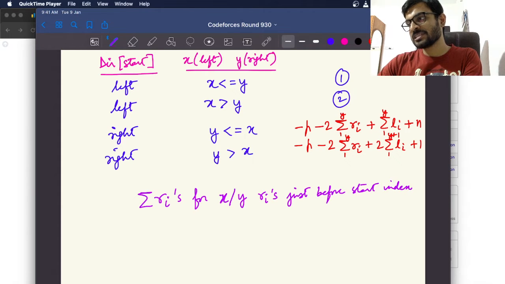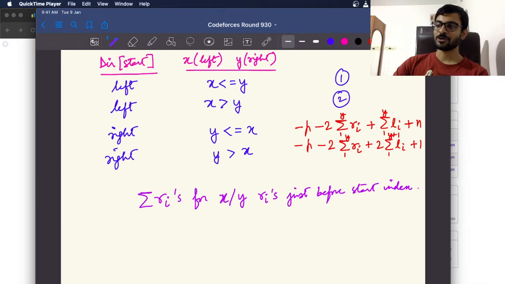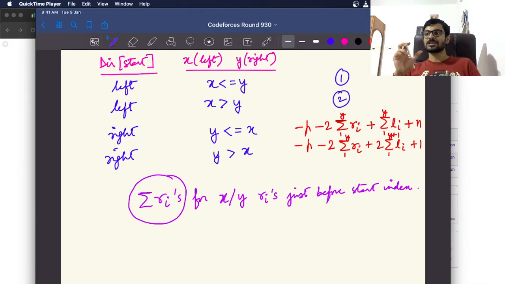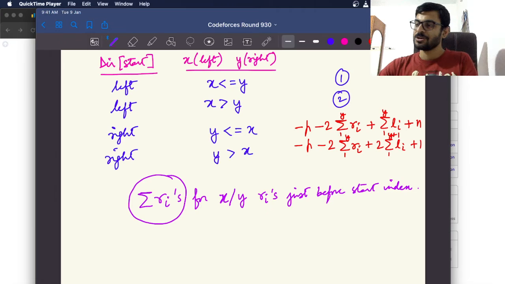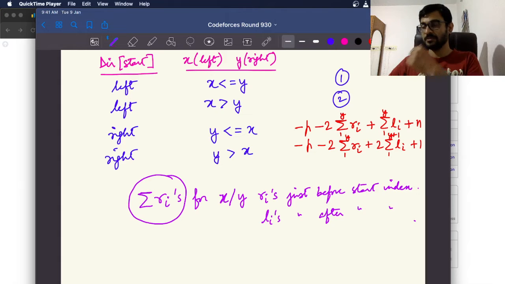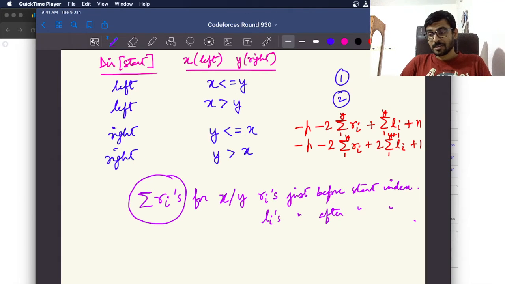The nearest ones matter to me. So I want to find the summation of a few Ri, maybe all, may not be all, before the start index, or the summation of Li just after the start index. How can we find it? Prefix sum is one very good option.